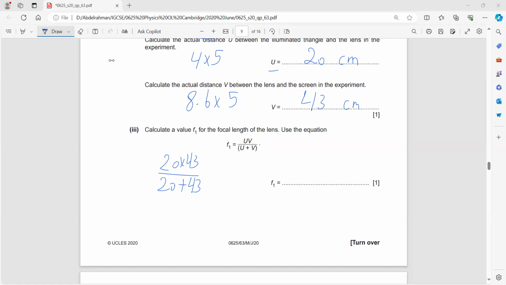It should be around 13.70. 13.7. What is the unit? Meters or centimeters? Centimeters, not meters. You have to write down centimeters. Yes, bravo.